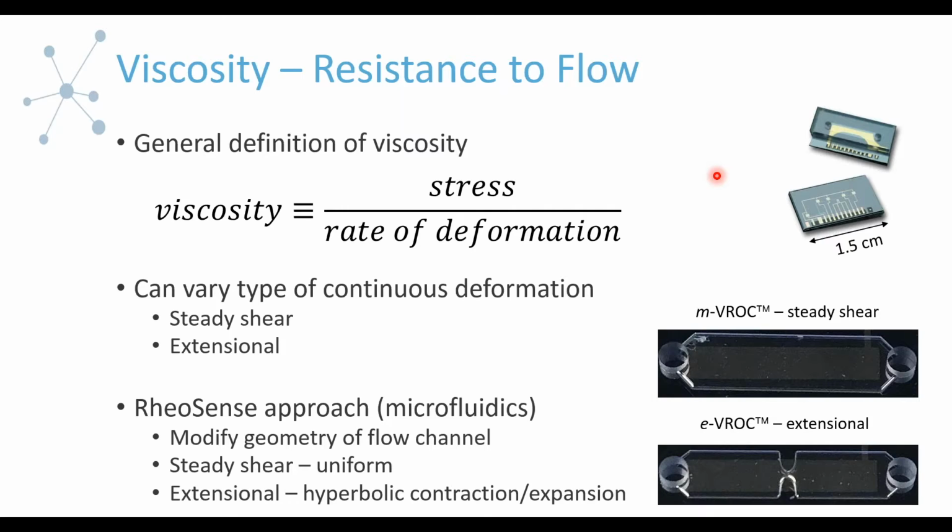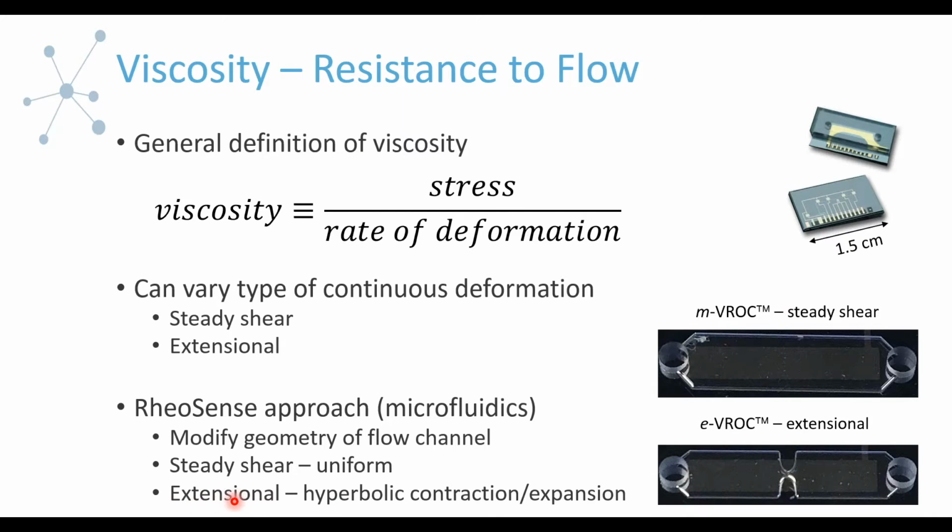And so our way of distinguishing these two types of flows is to modify the flow channel geometry. For steady shear flows, and this is what we use for our m-VROC, we have a uniform flow channel. So the dimensions are uniform from the inlet to the outlet. So along the length of the channel, you just have a steady shear flow.